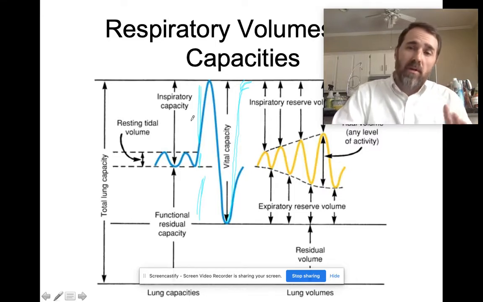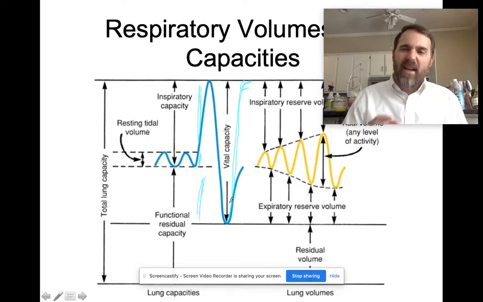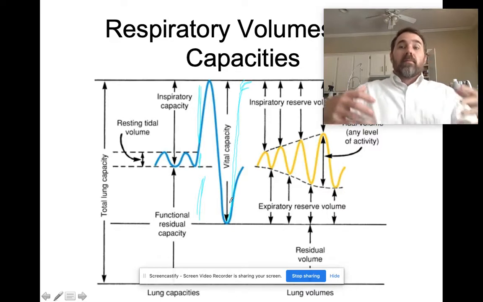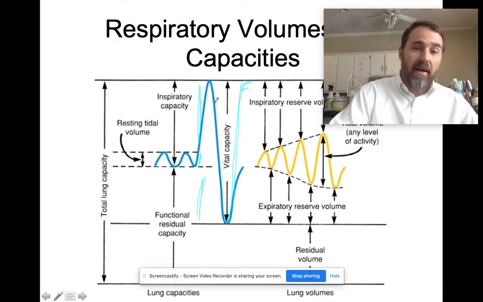And depending on where you look, vital capacity might be defined as the amount of air that you could exhale after a maximal inhale. So taking as deep a breath as I can, blowing out that amount of air.